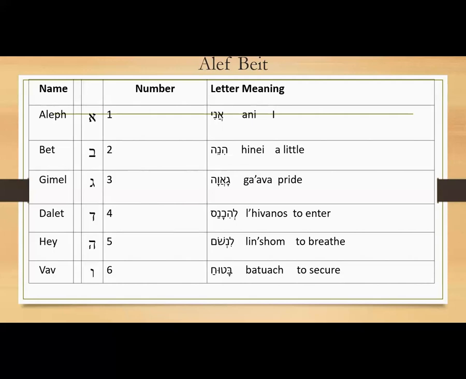A-N-I, the chirik, yud. Chirik, yud is the vowel, Ani, and Ani is I. The English transliteration is not very exact, but it is very near. So it's the best I can do. Ani, that means I, okay?